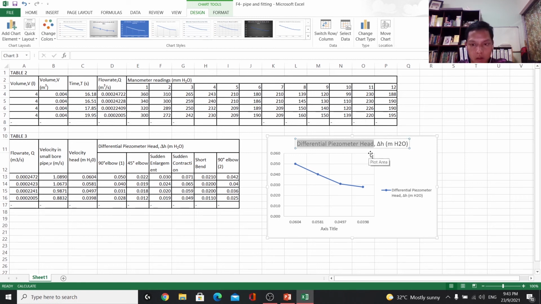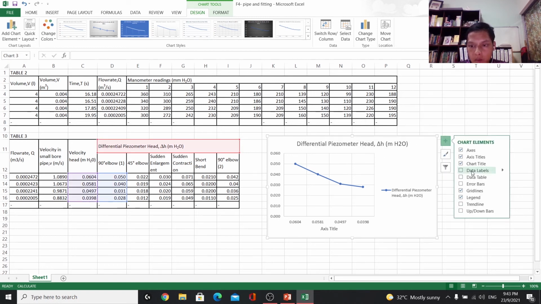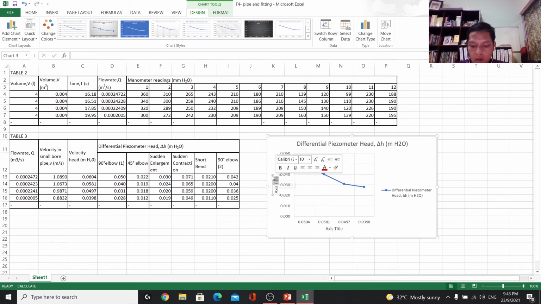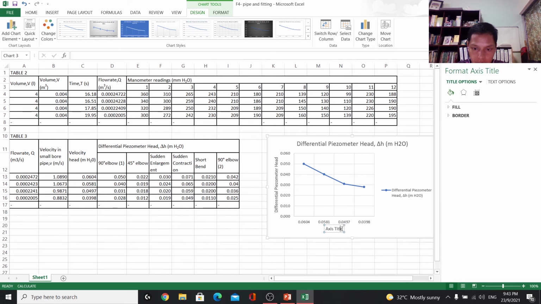So we copy, then we put this one plus with, so we take head, and then one is velocity head. So this is velocity head.